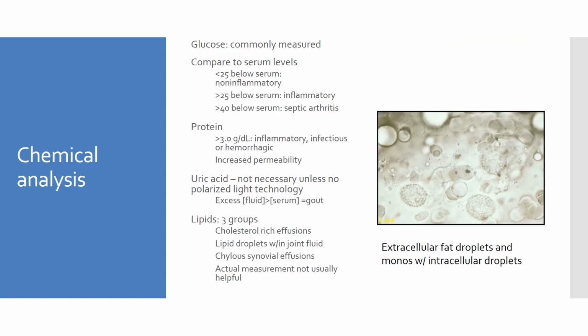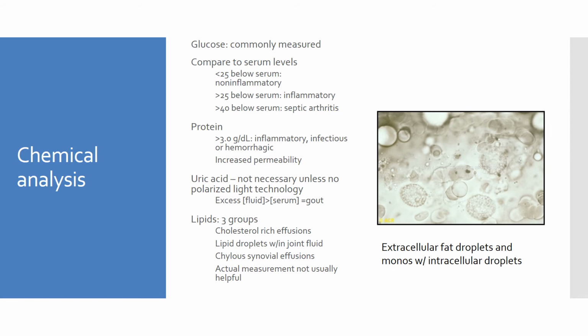The chemical analysis for synovial fluids is not necessarily as extensive as on other fluids. Now we do still do a glucose level, although it's difficult to judge what would be abnormal. We frequently do find abnormals in glucose, and it doesn't necessarily point to infectious or non-infectious or anything like that. So the value of the glucose is less significant in a synovial fluid than it would be in other fluids.